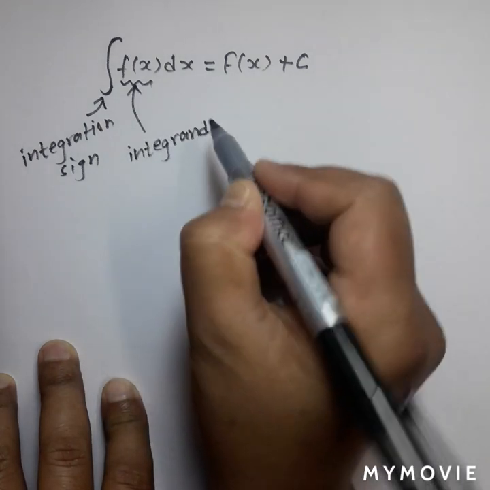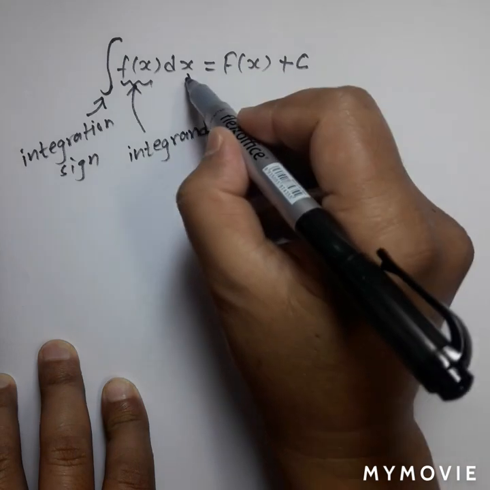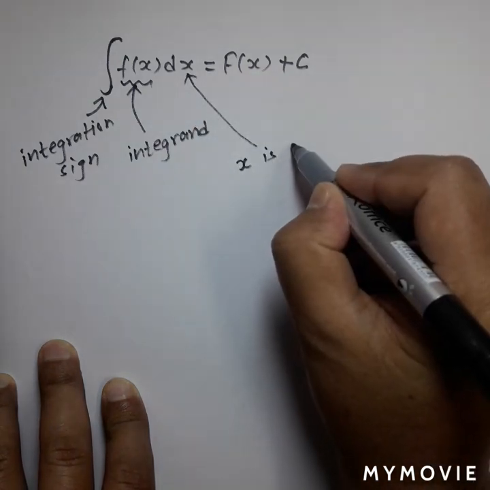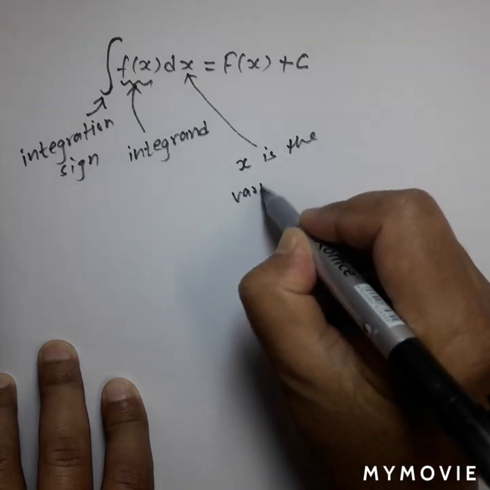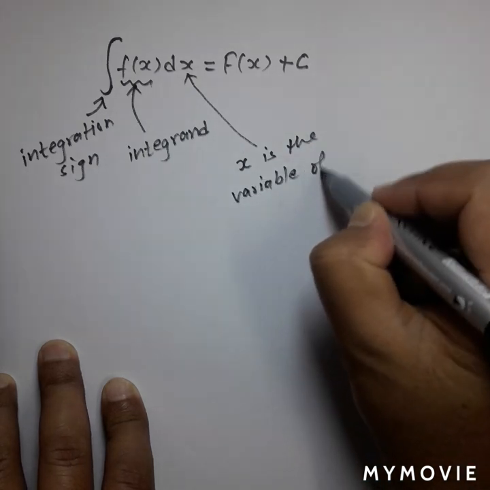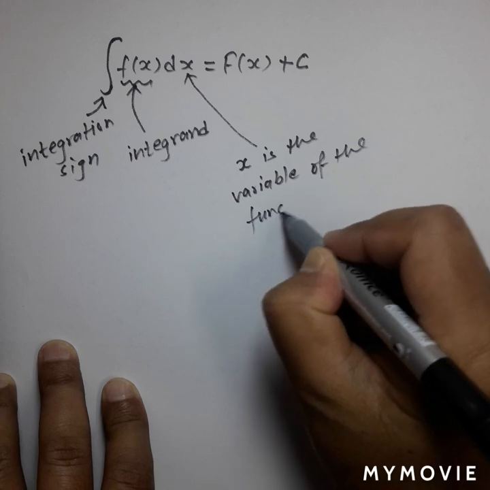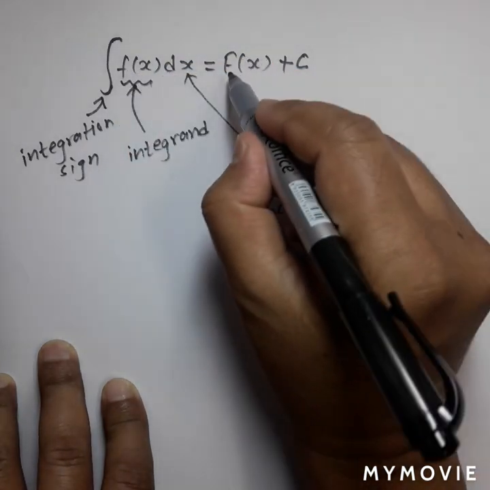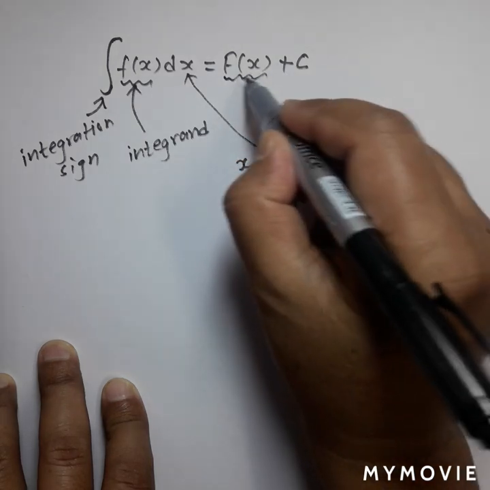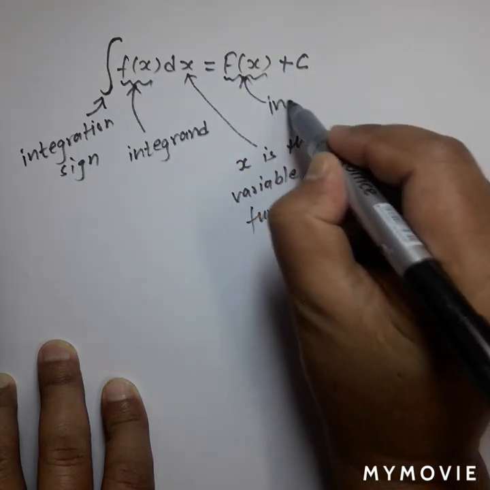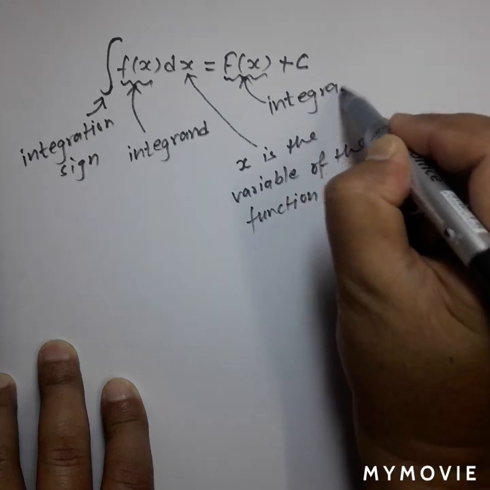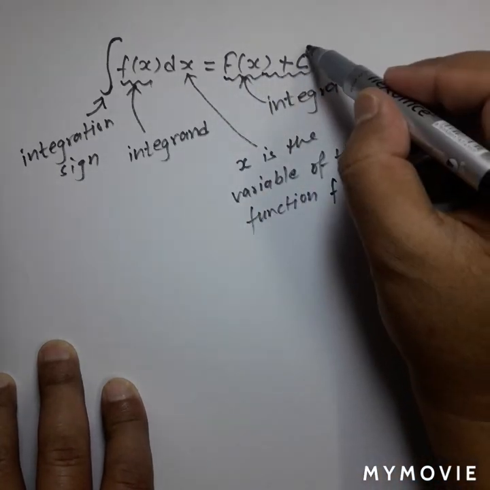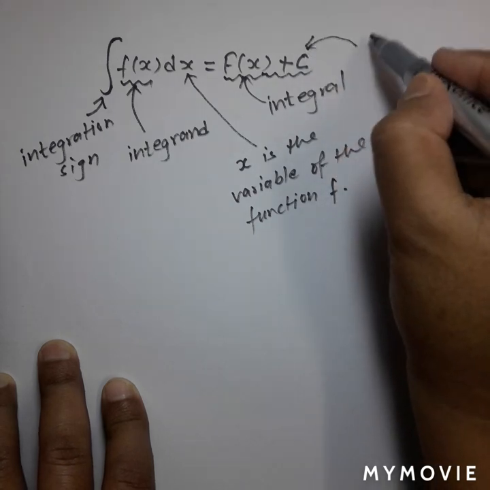And this x is known as the variable of the function. What is the function? f. And as a whole, this f(x) plus c is called integral, and this c is called arbitrary constant.